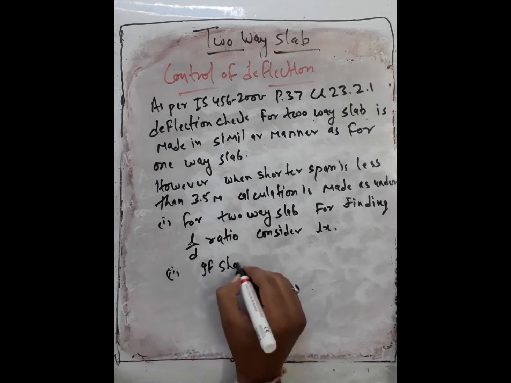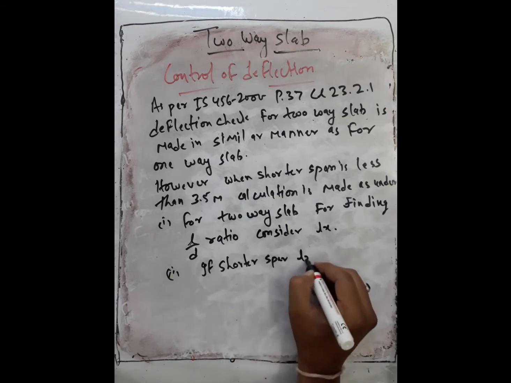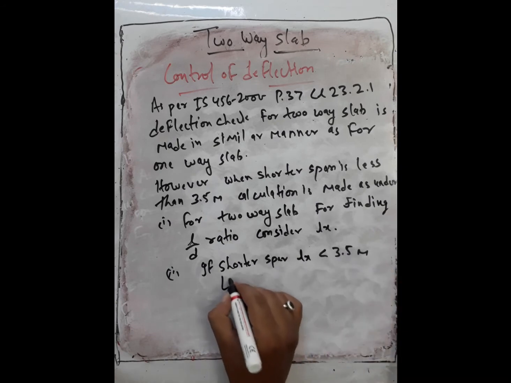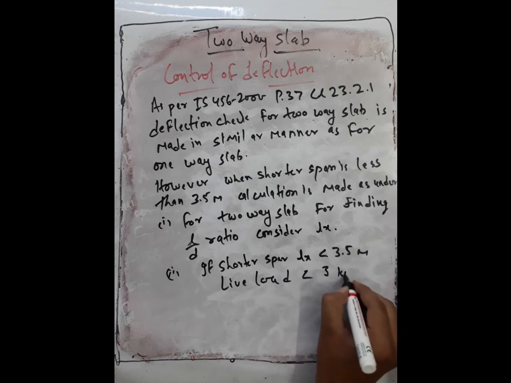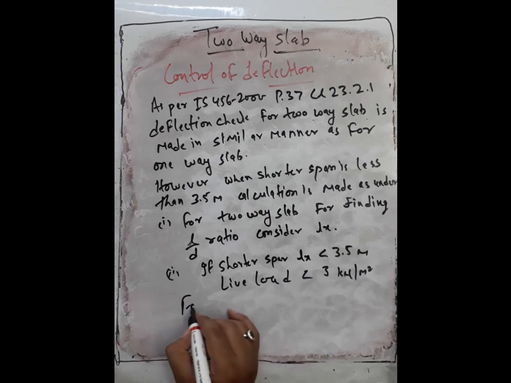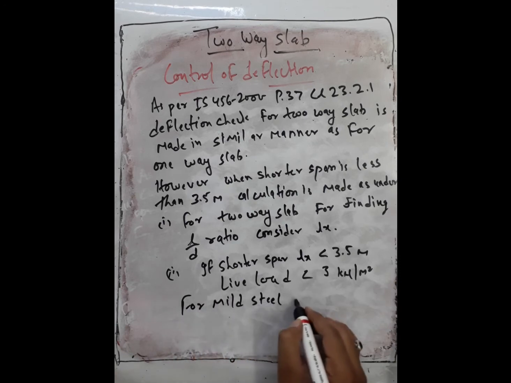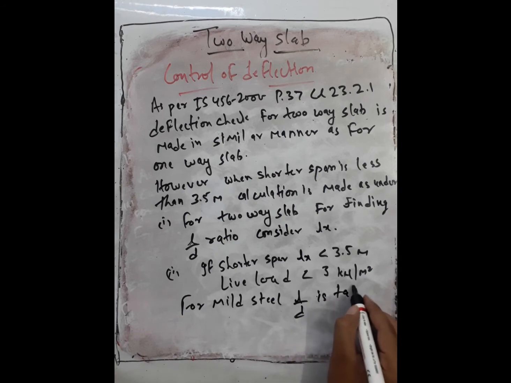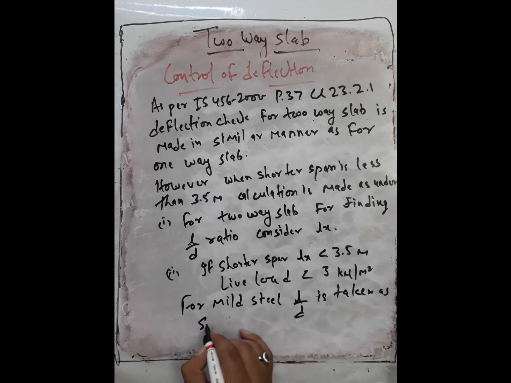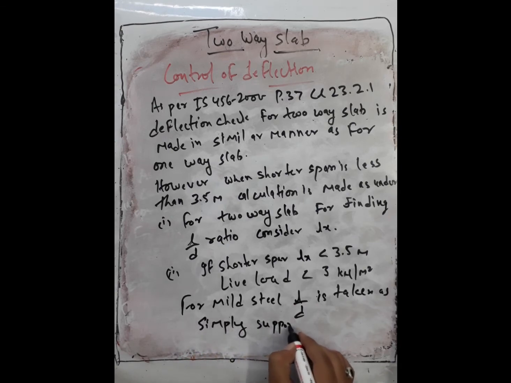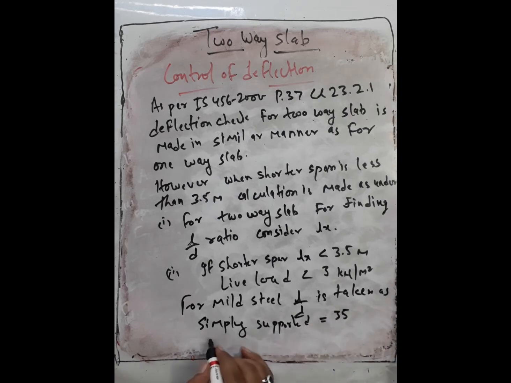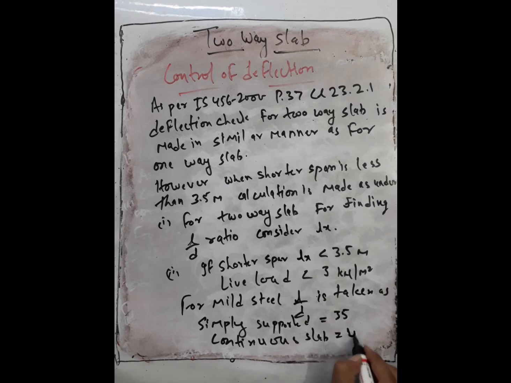If the shorter span Lx is less than 3.5 meter and live load is less than 3 kilonewton per meter square, then for mild steel the L by D ratio is taken as 35 for simply supported and 40 for continuous slab.